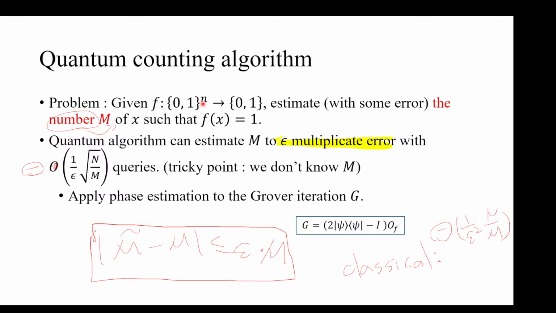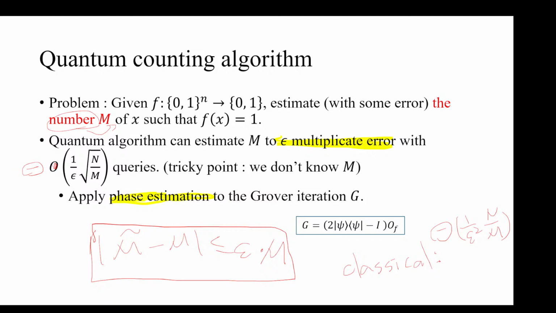And so that's about quantum counting, and how this algorithm works is actually pretty simple. It has two components, and it actually uses the algorithm we talked about last chapter, that's phase estimation.